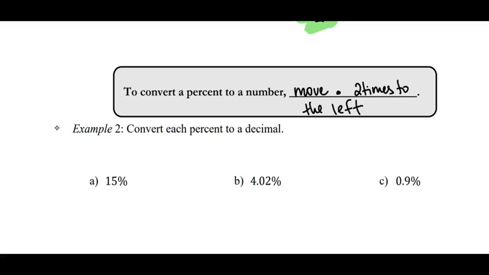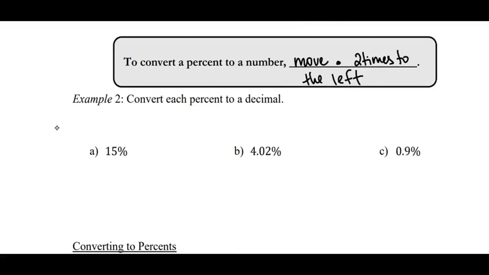So when we have 15%, first I'm going to drop the percent sign. So I'm looking at 15. I'm going to put my imaginary decimal point after the 5, because it's a whole number, and move it twice. So now it is in front of the 1.